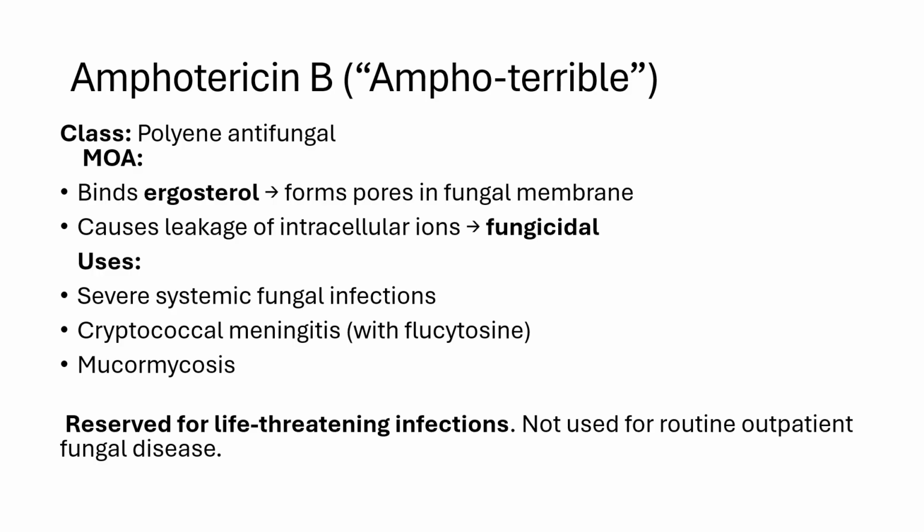You'll see it used in things like cryptococcal meningitis, used in combination with flucytosine, in mucormycosis, a rare but deadly mold infection, and Amphotericin B is not used lightly, so it is reserved for severe life-threatening infections because of its significant toxicity, especially to the kidneys. And so this would not be prescribed for our athlete's foot or our vaginal candidiasis. This is reserved for ICU level pathogens.